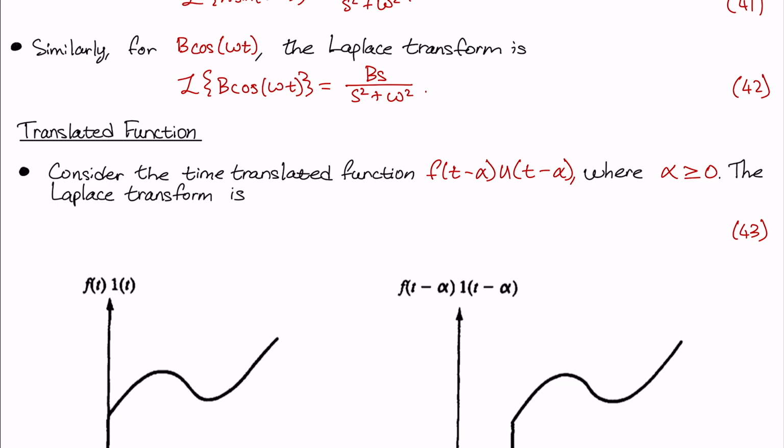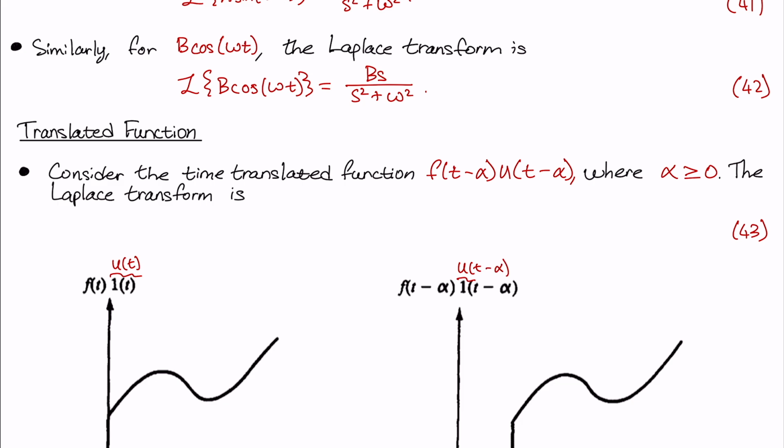Below, I've provided the plots for what this function would look like. This 1 of t here is our unit step. The book likes to use 1 as a function of time, and I really don't like that because it just looks like multiplication. That should be u of t minus alpha.